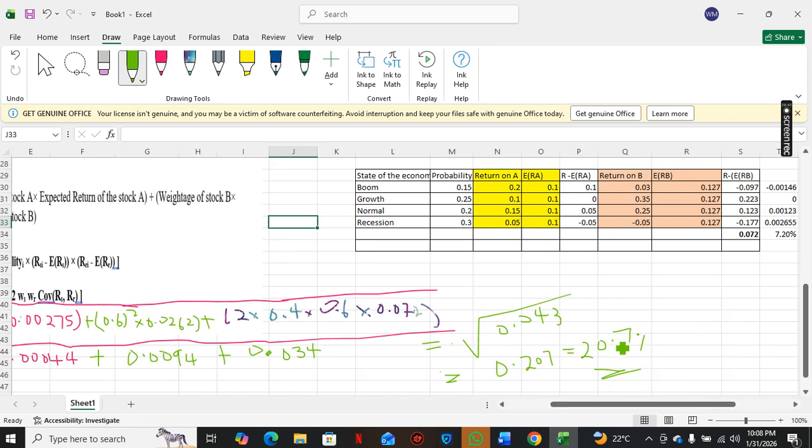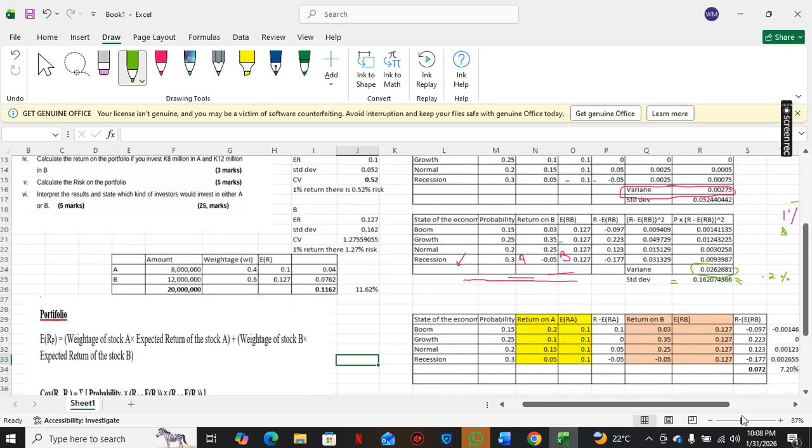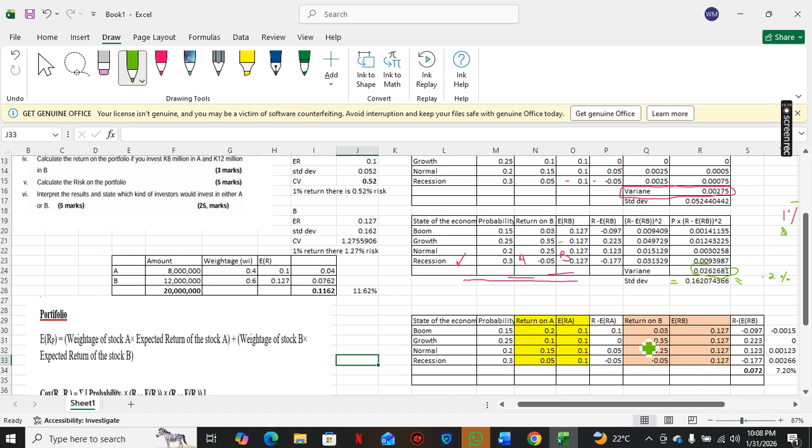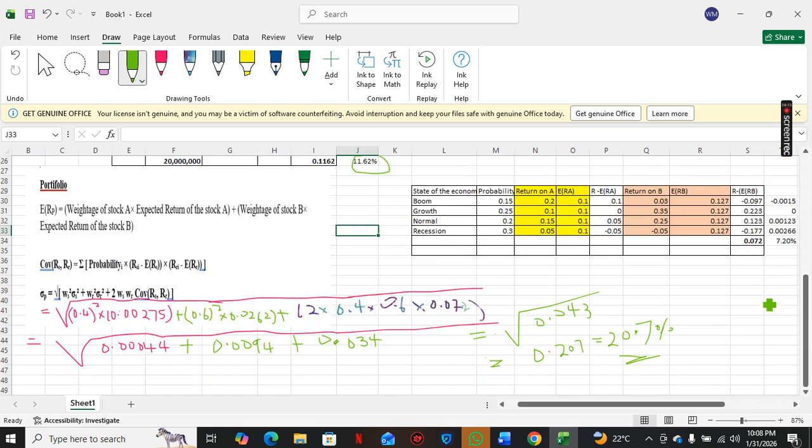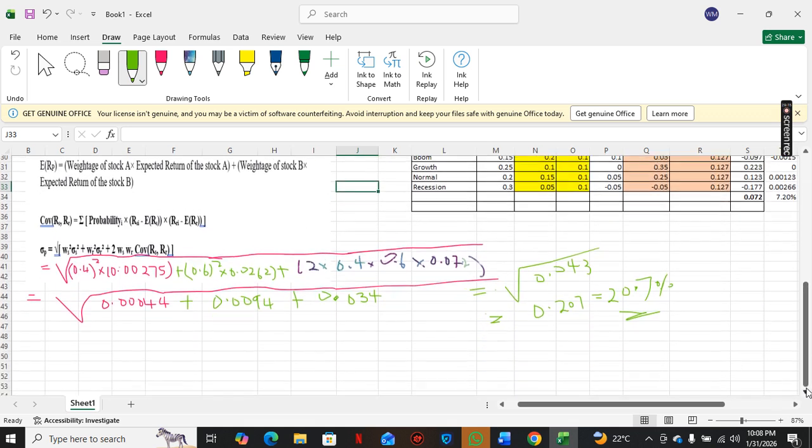So this portfolio has a risk of 20.7% standard deviation. Okay? So remember how we interpret this? The expected return of this portfolio is 11.62. So if we can make like a diagram here.